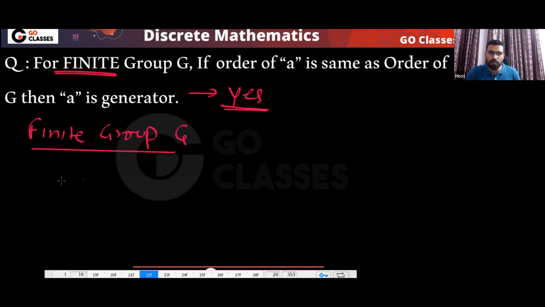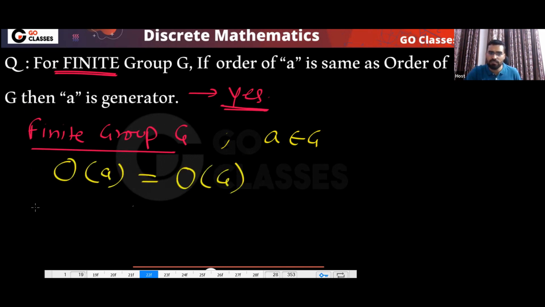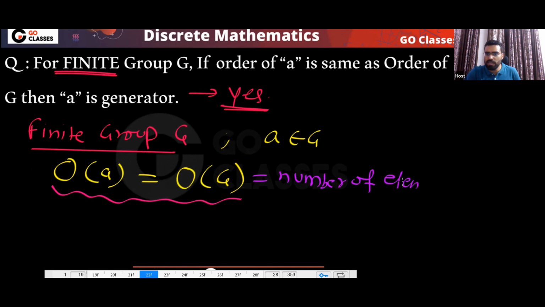The question is saying that A belongs to G such that the order of A is the same as the order of G. It means, can anyone tell me what it means? The order of G is equal to the number of elements in G.